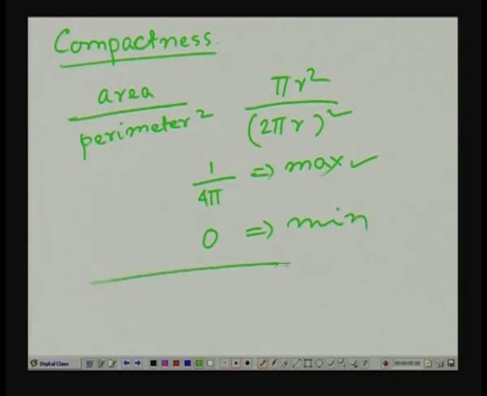So, these are some simple shape descriptors which can be obtained from the region itself, not only from the boundary. Now, there are some more shape descriptors which are also obtained from the region, and those are called moments.